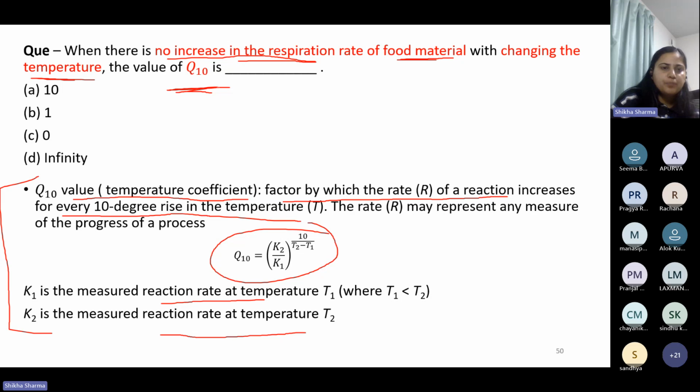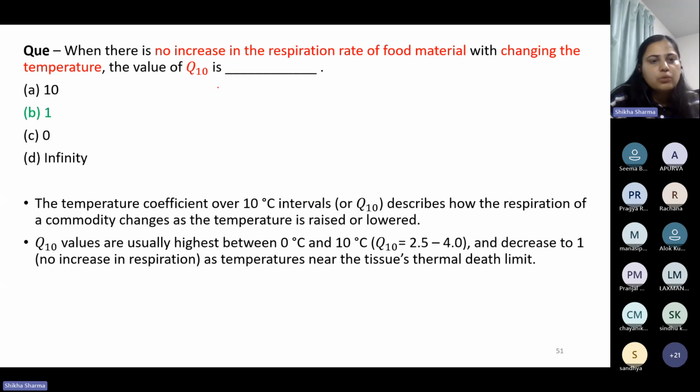So let's see. It is 1. The temperature coefficient over a 10 degrees Celsius interval describes how the respiration of a commodity changes as the temperature is raised or lowered. We denote it by the Q10 value.